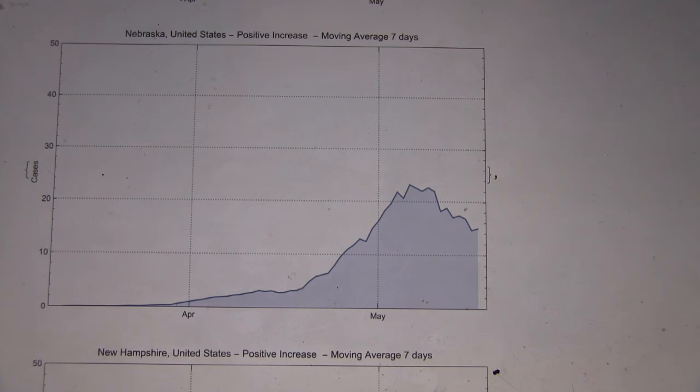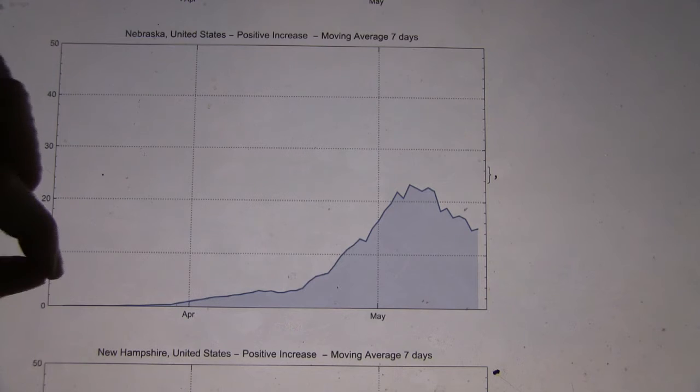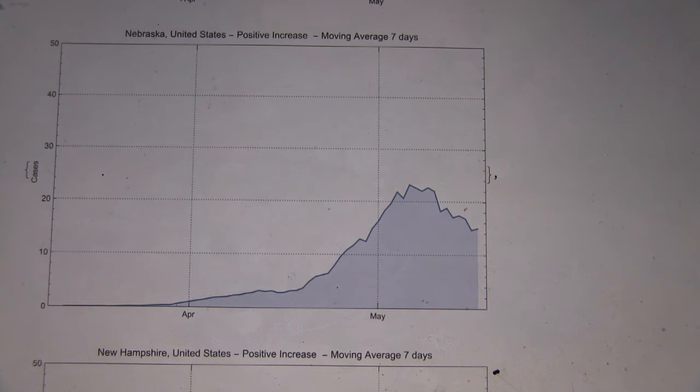And like some of the other states, it went right into that period of growth, but there's a tail on the other side for Nebraska, and then it suddenly jumped to a lot of cases per day. Okay. So what's the third state?